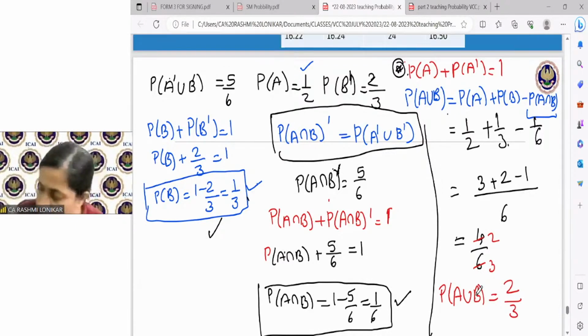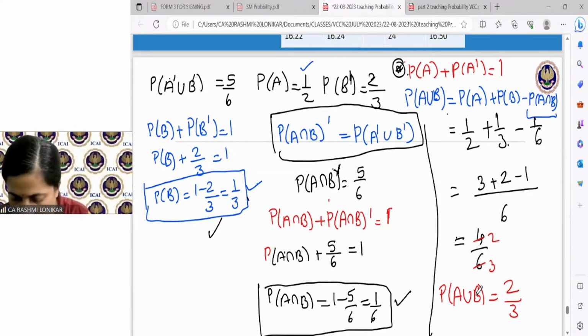Now, have you understood, everyone? Yes, crystal clear, Chanchal? Srinidhi clear? Saloni? Yes.